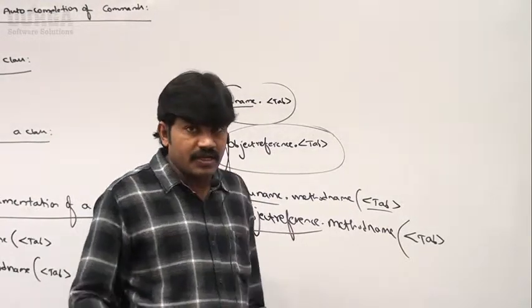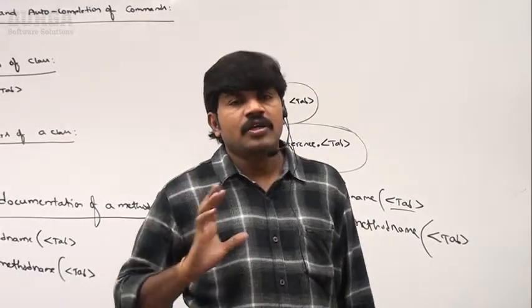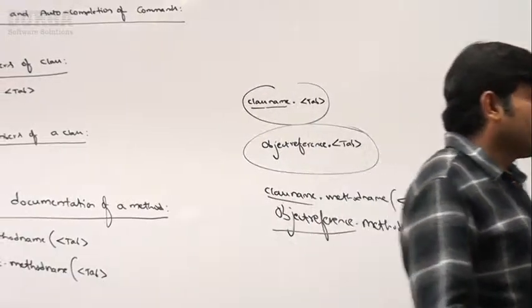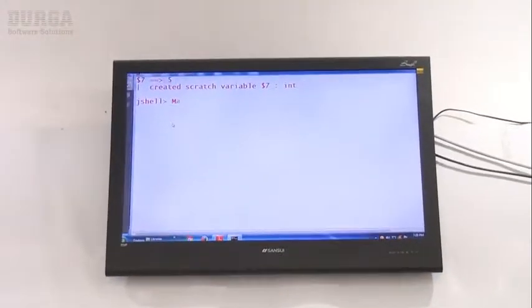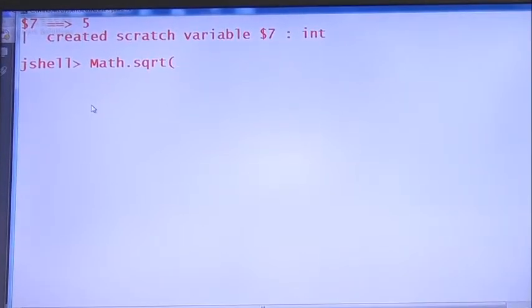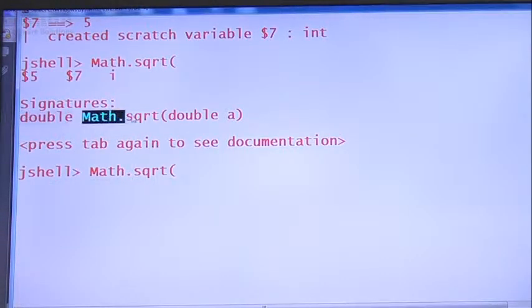Is it clear? Let me cross check. In the Math class, I want to know the square root function signature. Very simple. Just observe: Math.sqrt( and just a tab. That's all. Immediately it is telling that it is double Math.sqrt(double). So it takes double as the argument, and the return type is also double.